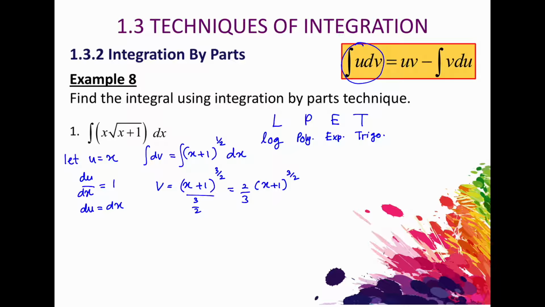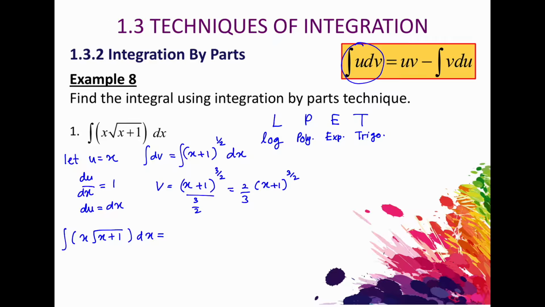And then putting them together according to the formula, we need to rewrite the original integral first. x times the square root of (x+1) dx is equal to uv.